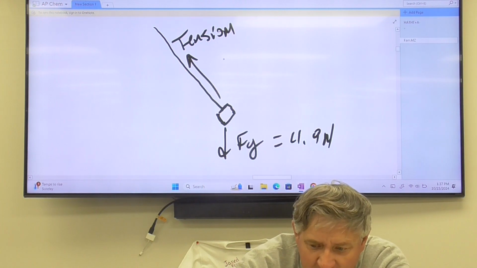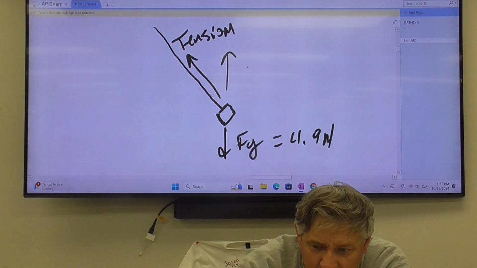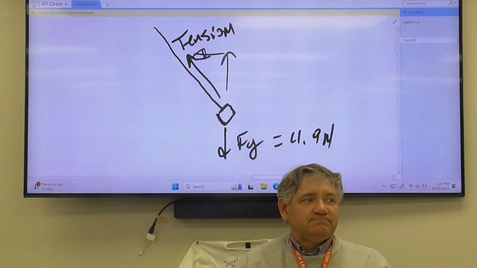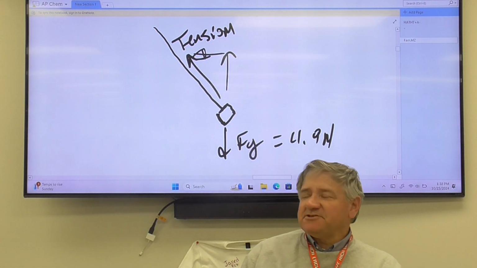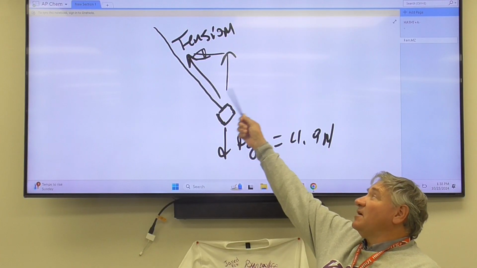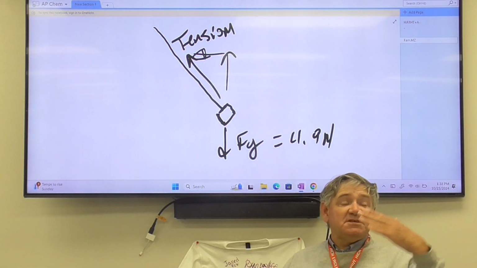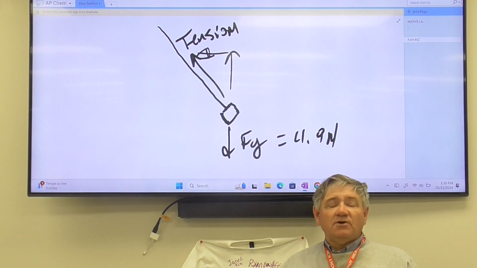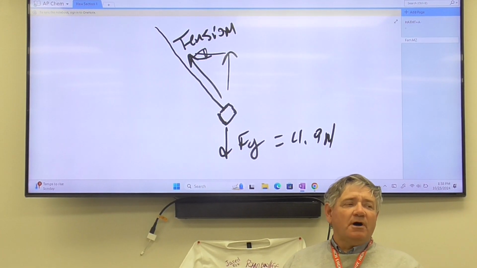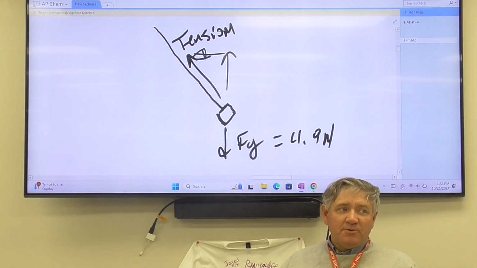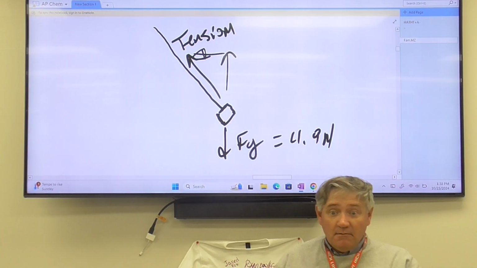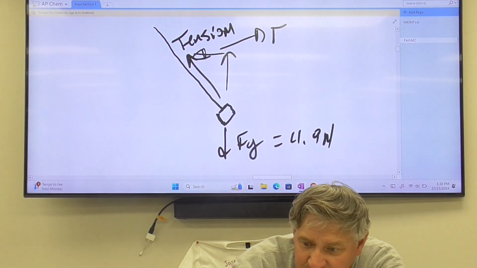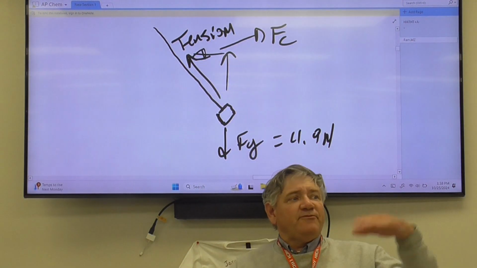But it's going to have a vertical component, and it's going to have a horizontal component. Okay? So Thatcher, what's that horizontal component going to create? What's the inward force? Like the number? No. Just what are we going to call it? Centripetal force, maybe? Yes. So the horizontal component of that tension is going to be that centripetal force.